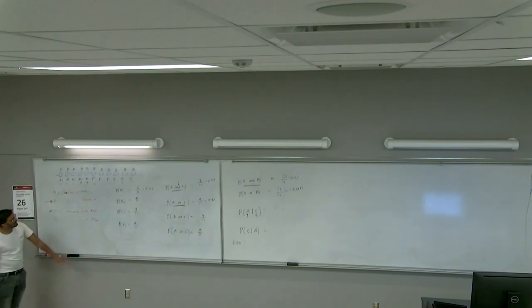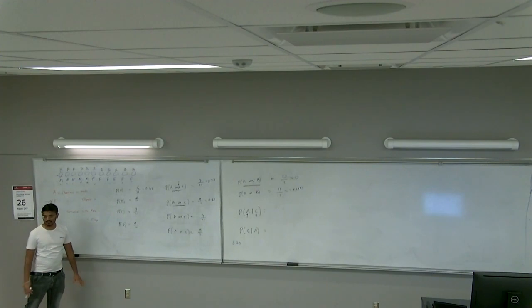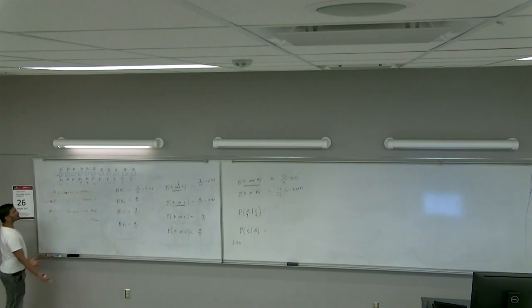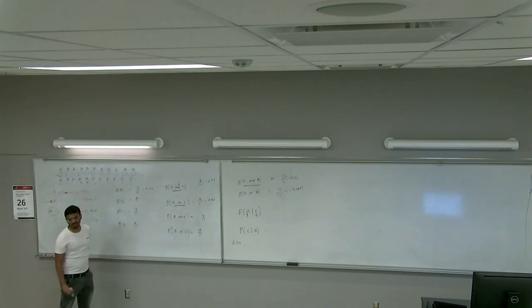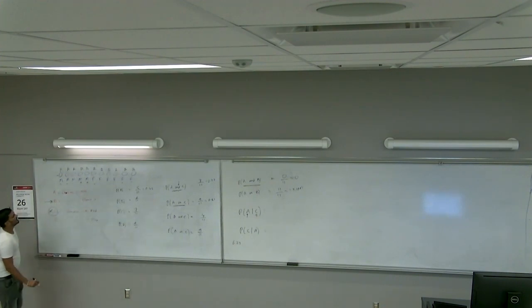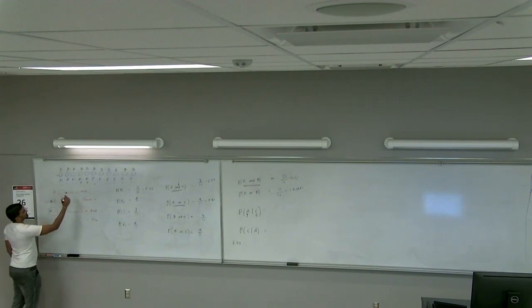Out of these 11 people, suppose you separate out everyone in this set. That means this one, this one, this one, this one, this one, this one, this one.